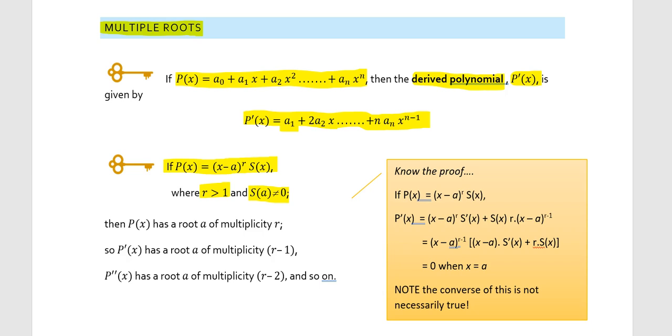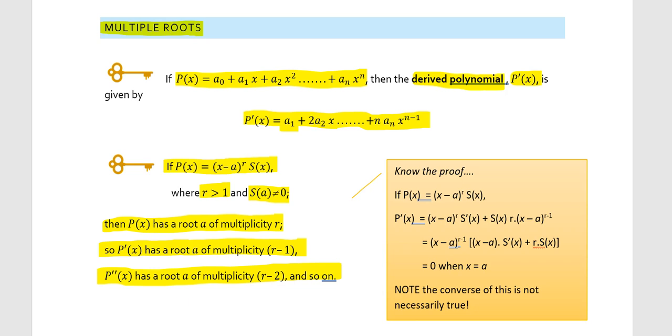So as long as s of a doesn't also equal 0, then we would say that p(x) has a root a of multiplicity r. If we differentiate, so we get the derived polynomial, then p dashed x will have a root a of multiplicity 1 less, so r minus 1, p double dash has a root of multiplicity r minus 2, and so on. We can keep on going down.